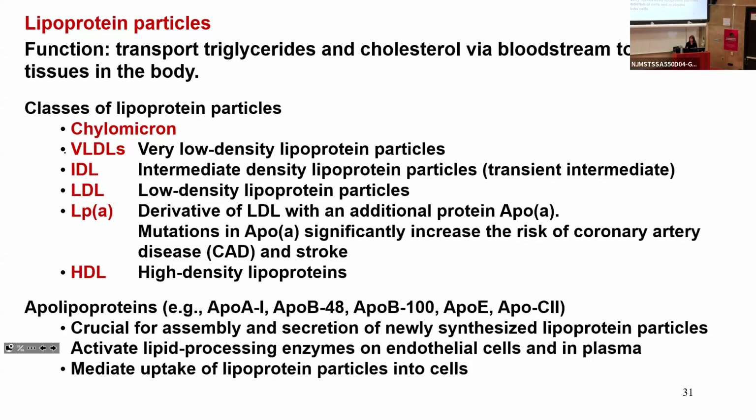There are many different genes that could cause cancer or diabetes. Maybe there's only a handful for cardiovascular disease. And one is this LP little a. It's a derivative of LDL with an additional protein on it, apo little a. And if you have a mutation in this apo little a, you can significantly increase the risk for heart attack and stroke.